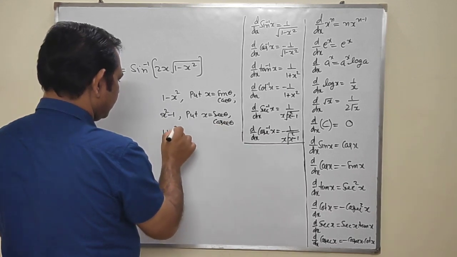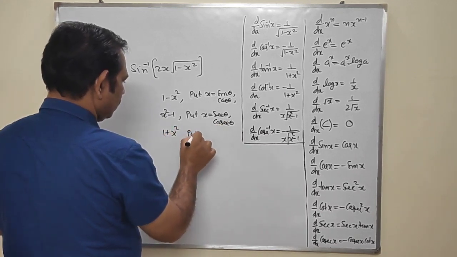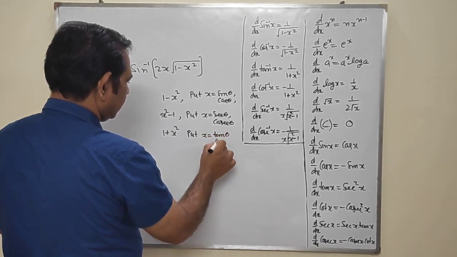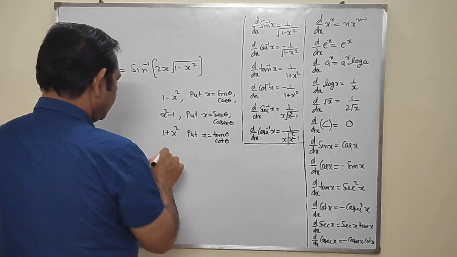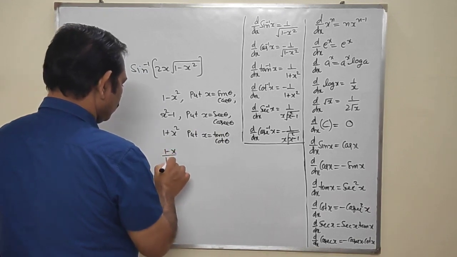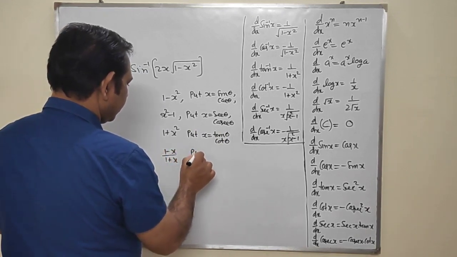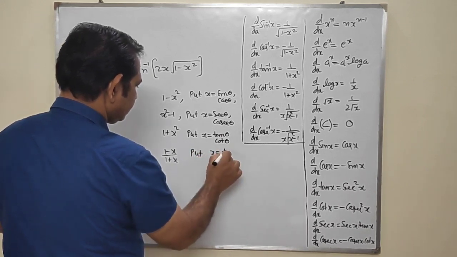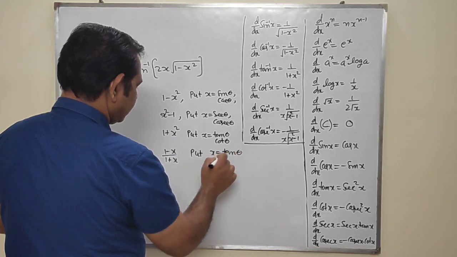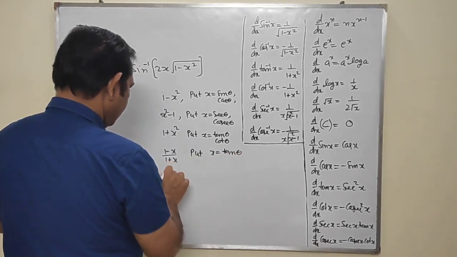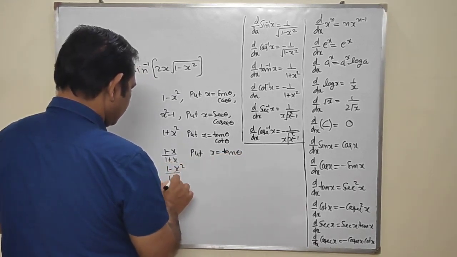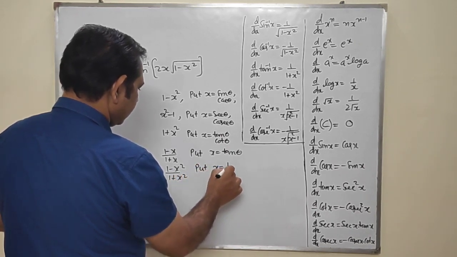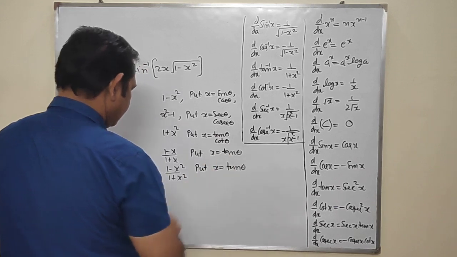If you are having 1 plus x square, put x is equal to tan theta or cot theta. If you are having 1 minus x upon 1 plus x, put x is equal to tan theta. If you are having 1 minus x square upon 1 plus x square, again the same thing, you can put x is equal to tan theta.